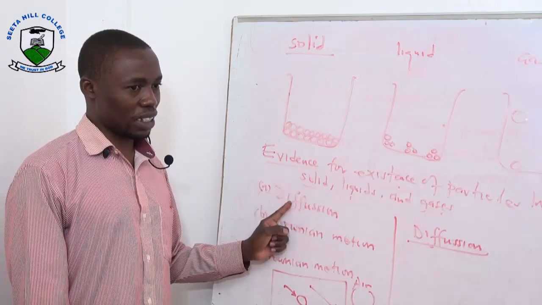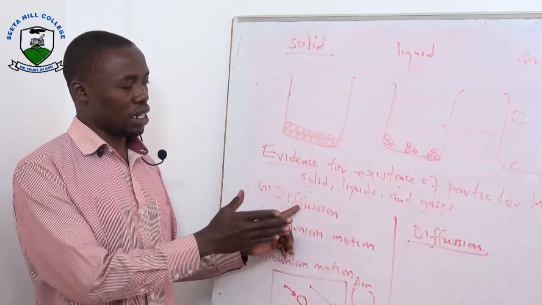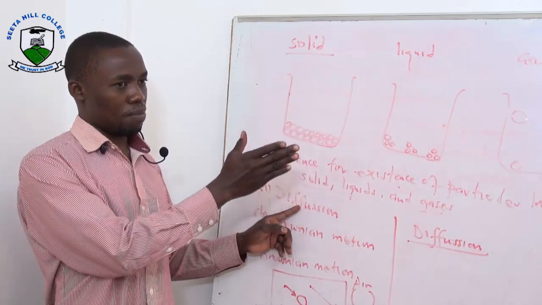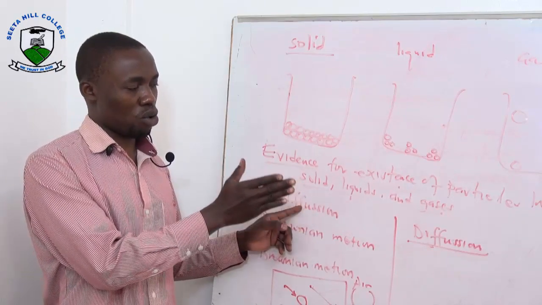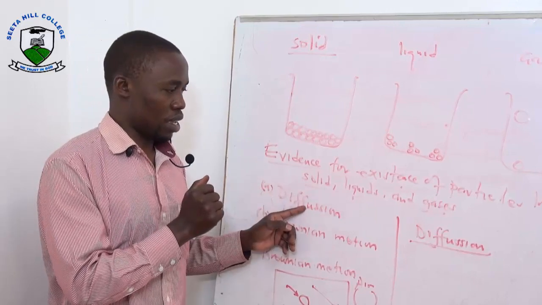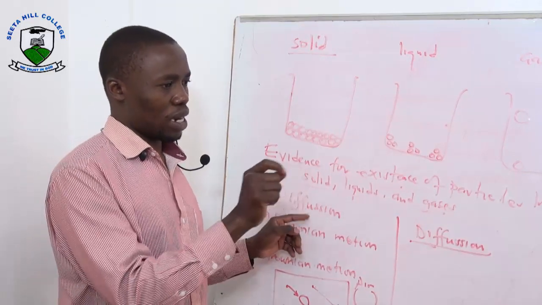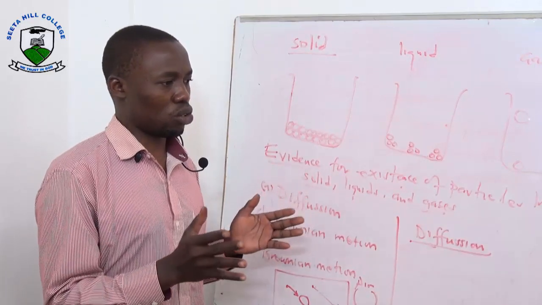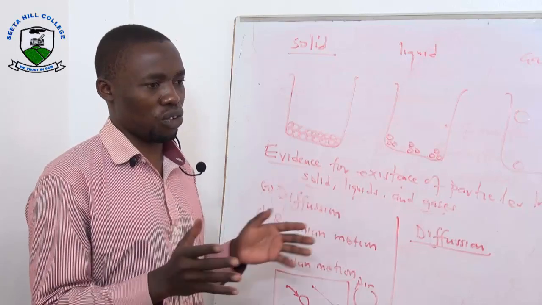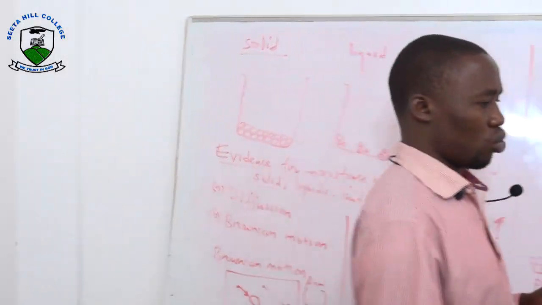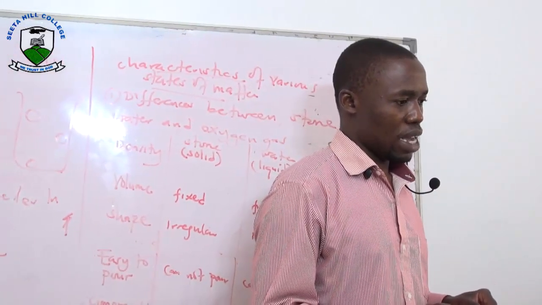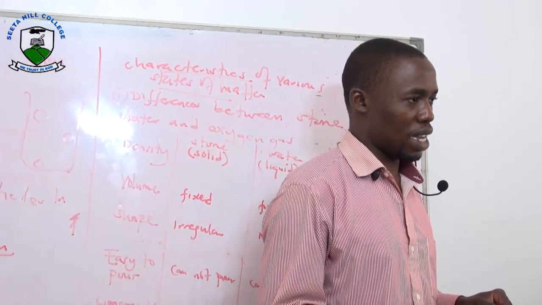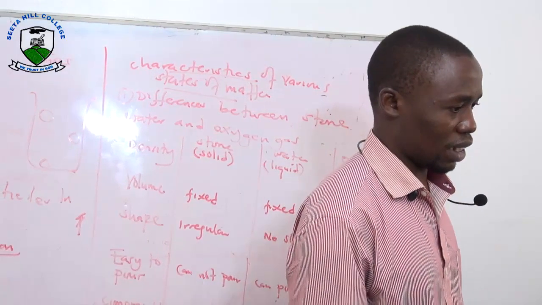Diffusion in gases, we have seen perfume being sprayed and moved from one room to another. But we can also do it in the laboratory using two gases to prove that indeed they are diffusing. We can just demonstrate that using two gases, ammonia gas and hydrogen chloride gas.